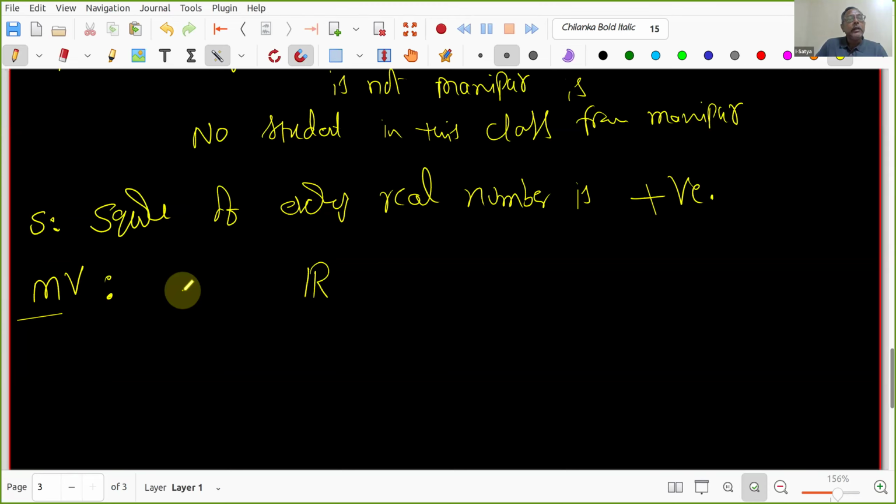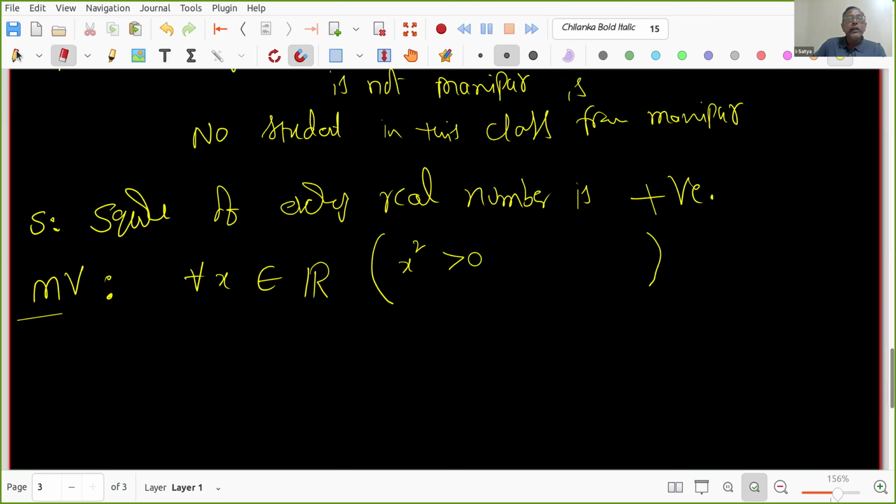Given any x belongs to R, what property do I have to write? For all x belonging to R, x square is greater than 0. Okay, instead of positive, he said it like that.